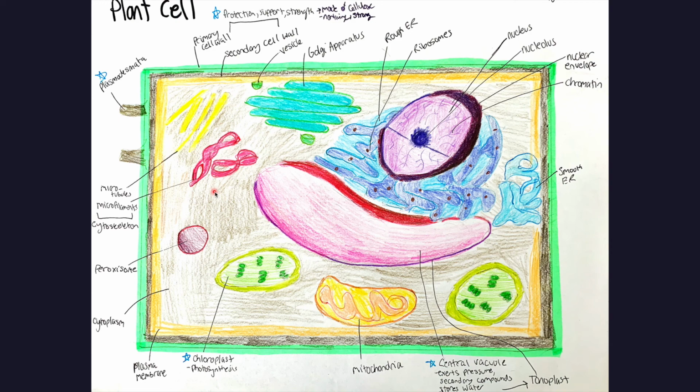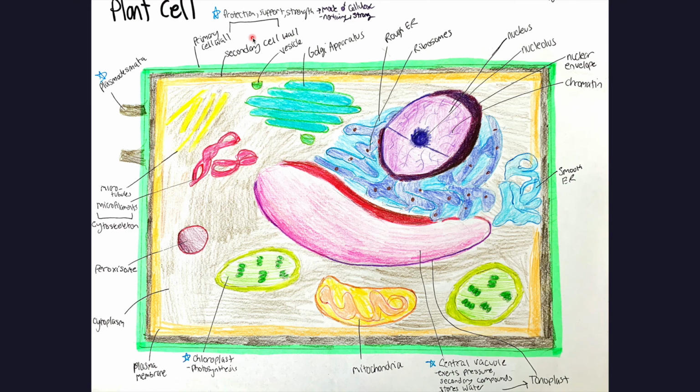However, plant cells have organelles that are unique to plant cells, such as the cell wall, the central vacuole, the chloroplast, and plasmodesmata.